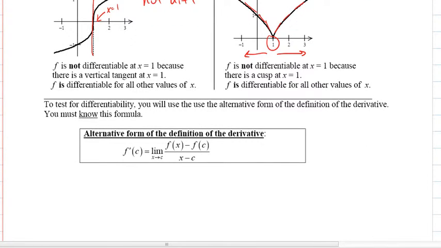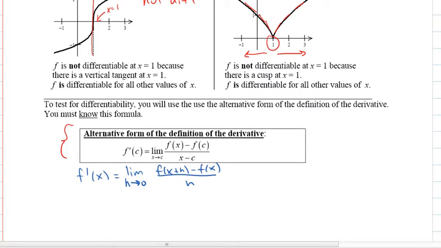So on the next page, we're going to test, without a graph, to see if a function is differentiable at a certain point by using the alternate form of the definition of derivative. Now, in the last video, we talked about derivatives. There were two formulas. The first formula was f prime of x is equal to the limit as h approaches 0 of f of x plus h minus f of x all over h.